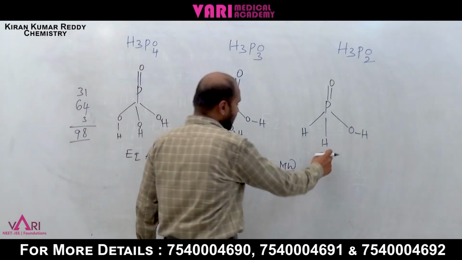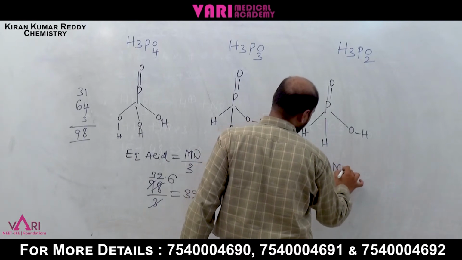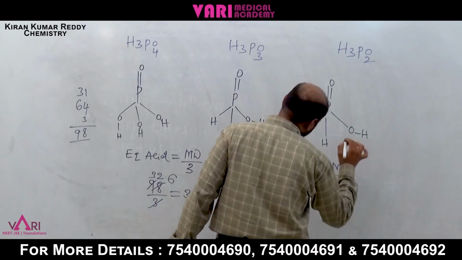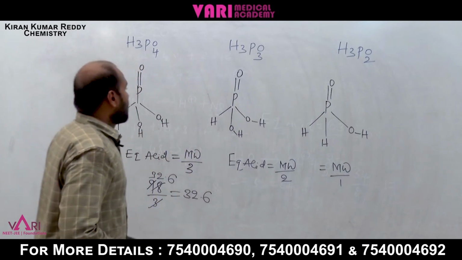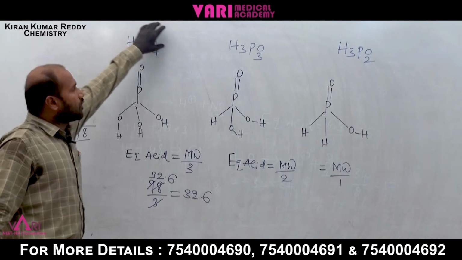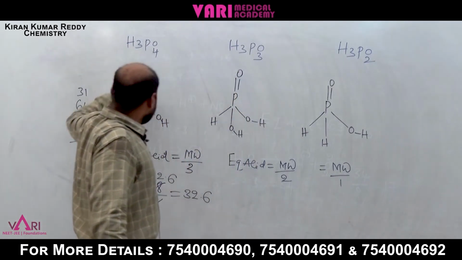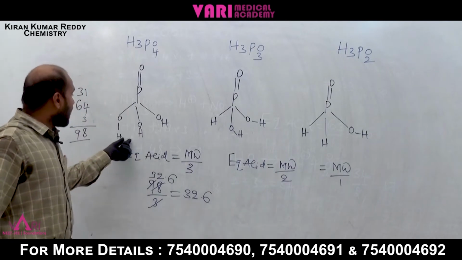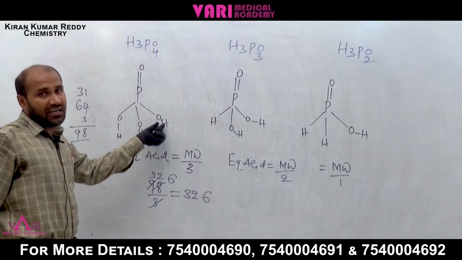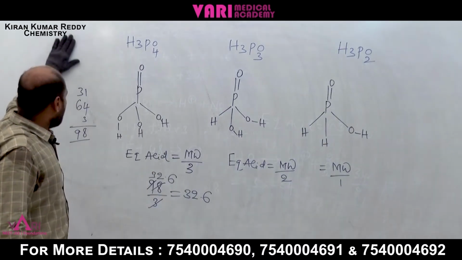For this structure, the equivalent weight of the acid is molecular weight by 1. For calculation of the gram equivalent weight of H3PO4, H3PO3, H3PO2 oxy acids, the number of hydrogens joining with oxygen is the number we have to use.